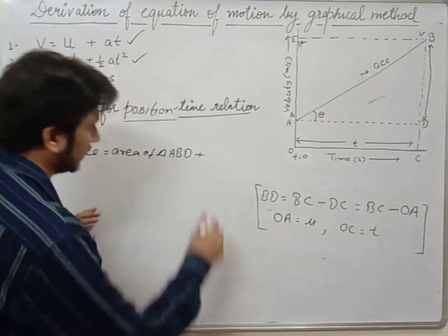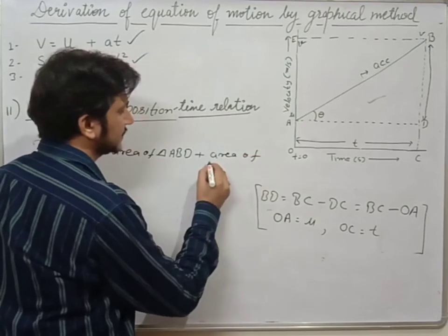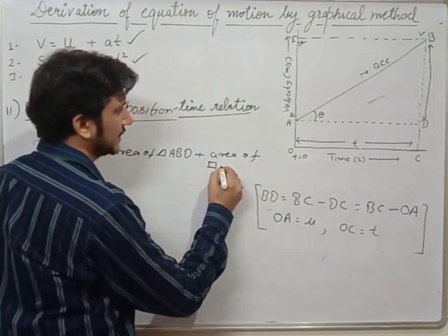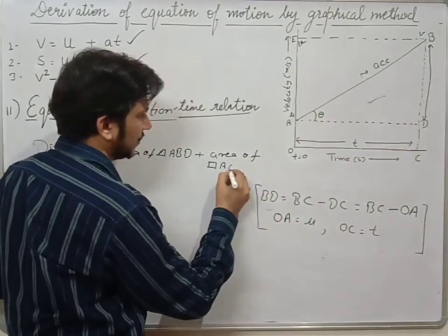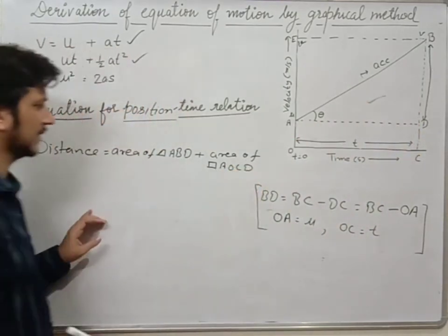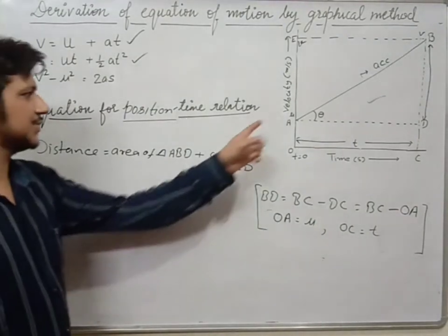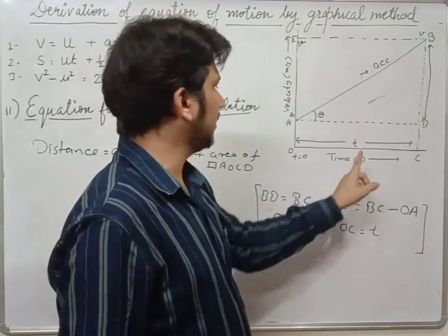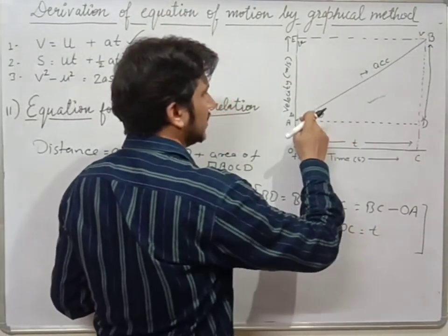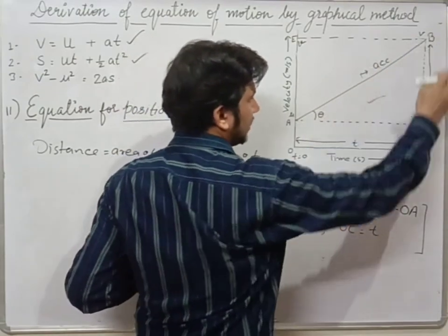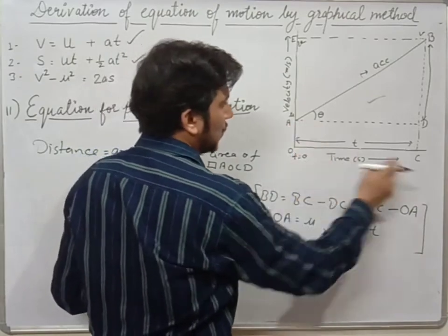You can also write it as rectangle AOCD. The total distance traveled by the object from position A to B in time t will be the area of this triangle ABD and the area of rectangle AOCD.